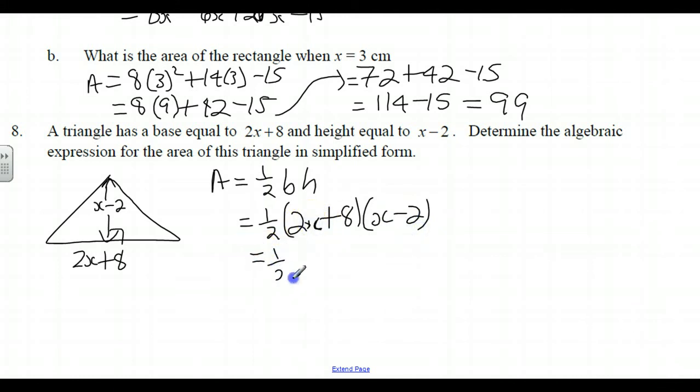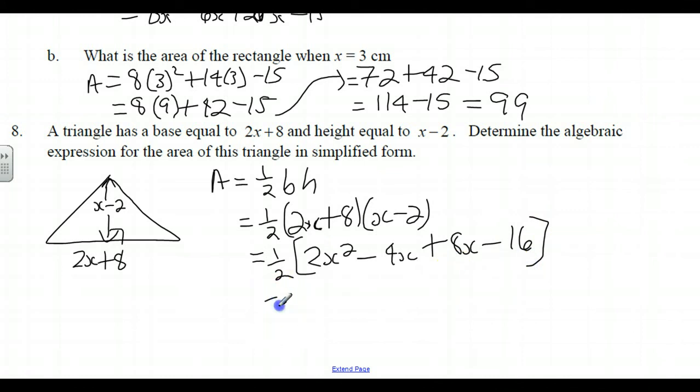which is 1/2. Now, what I'm going to do is I'm going to FOIL this out. So we've got 2x squared minus 4x plus 8x minus 16, which is 1/2 of, now we're going to collect this, right? So we have 2x squared.